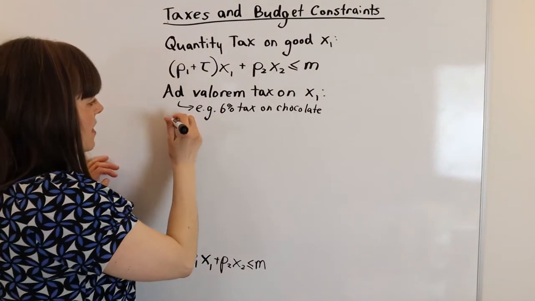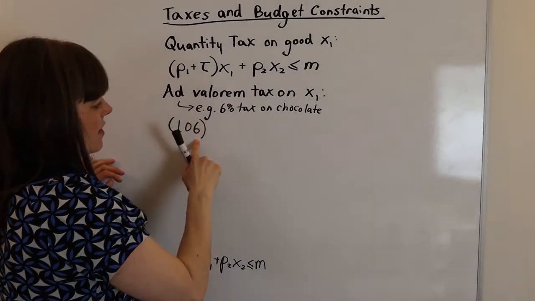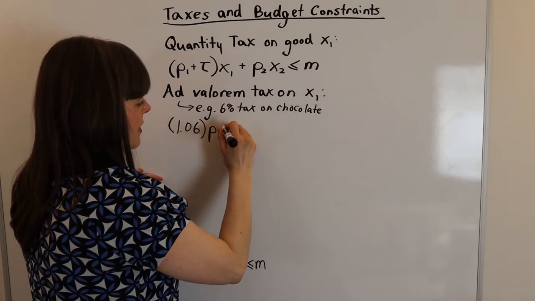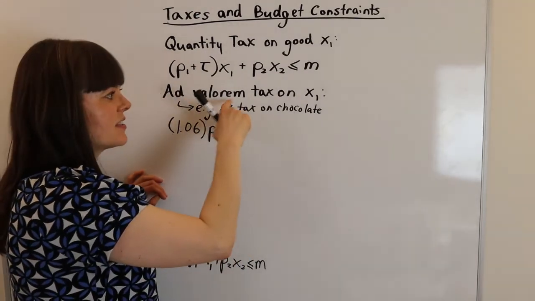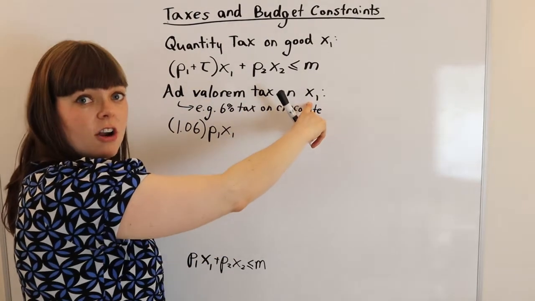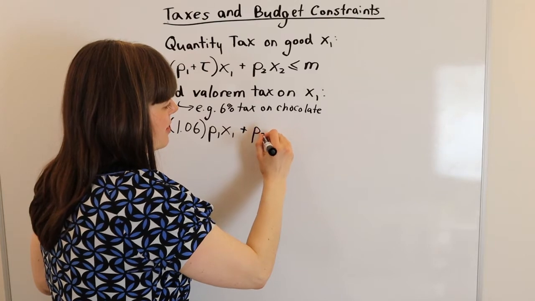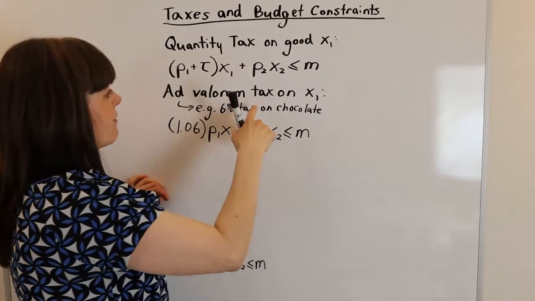So in this case, it would be 1.06, 106% of our previous spending, where our previous spending was P1 X1 for our spending on chocolate. And this is an ad valorem tax just on good X1. So good X2, that part of the budget constraint, is not going to be affected by the ad valorem tax on good X1.